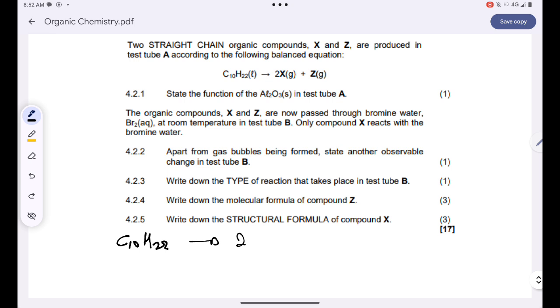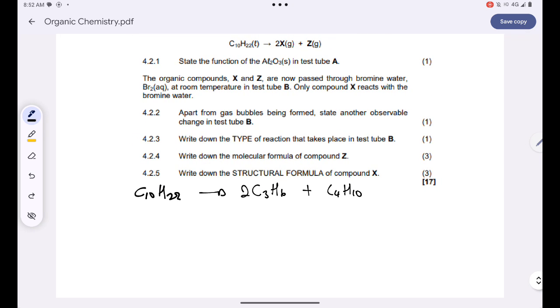So this will be C2. This can be C3H6. I already know that on my right hand side I have 6 carbons and 12 hydrogens, which simply means I'm only left with 4 carbons and 10 hydrogens. So this would be one form of cracking that can take place.